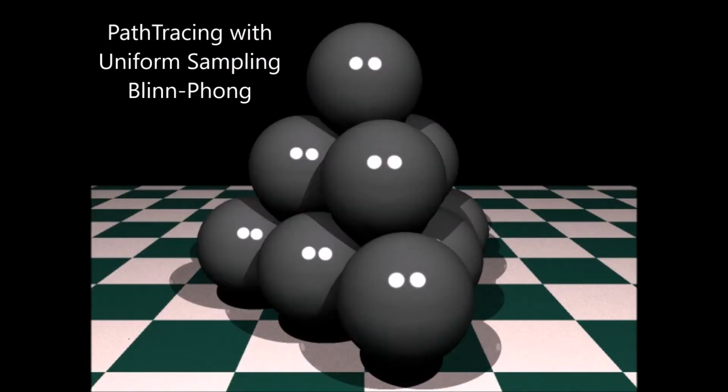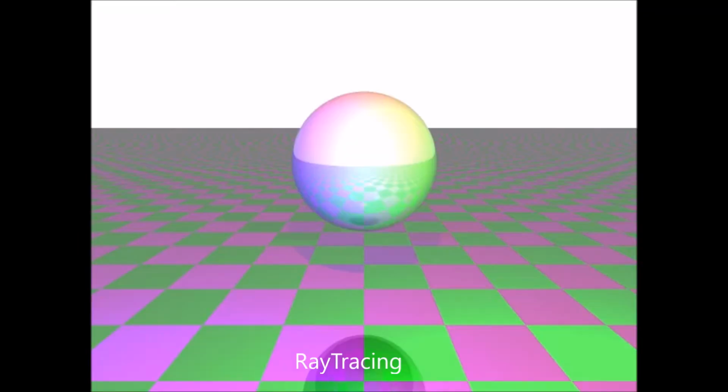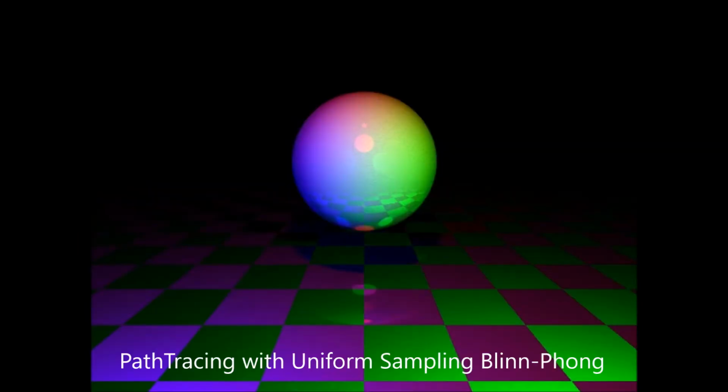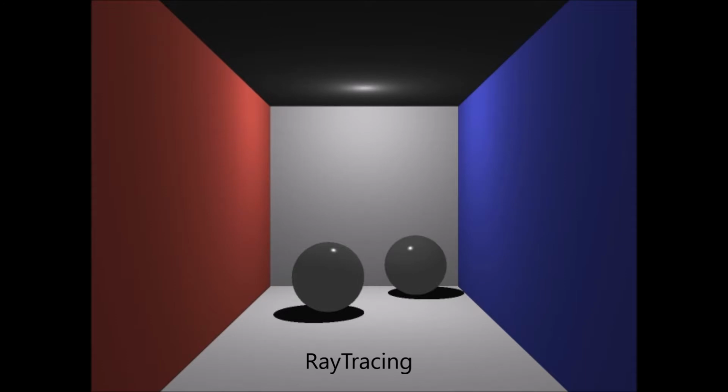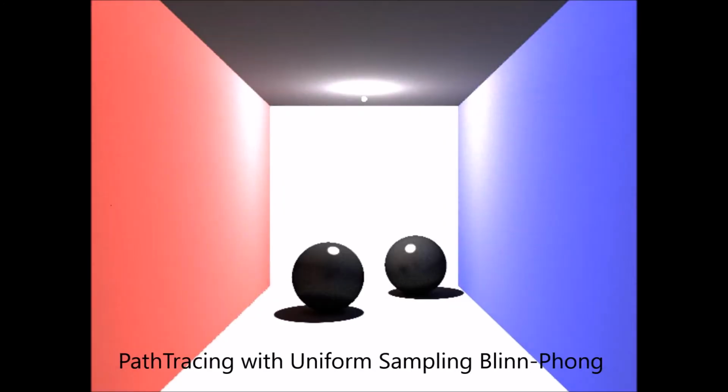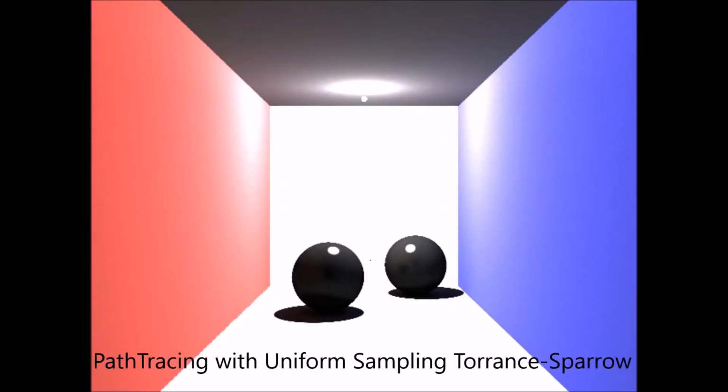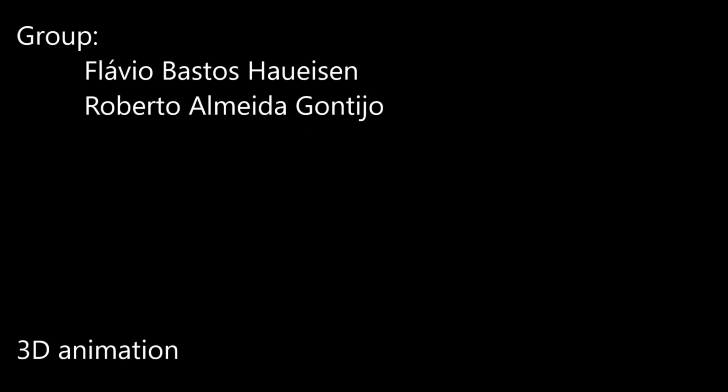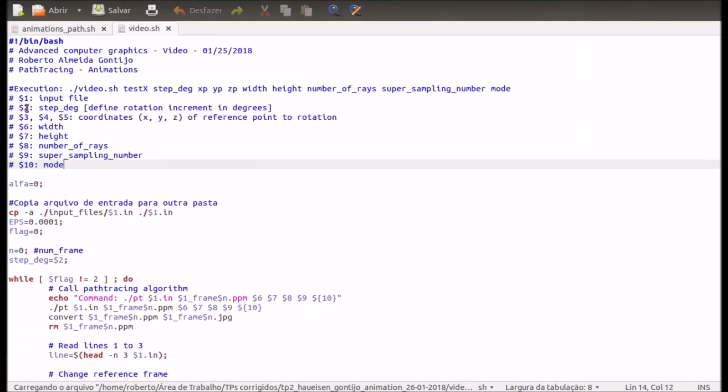Then, what was done? C++ programming of data structures of camera, film, light ray, light sources, objects, textures, vectors. RayTracing and PathTracing algorithms.